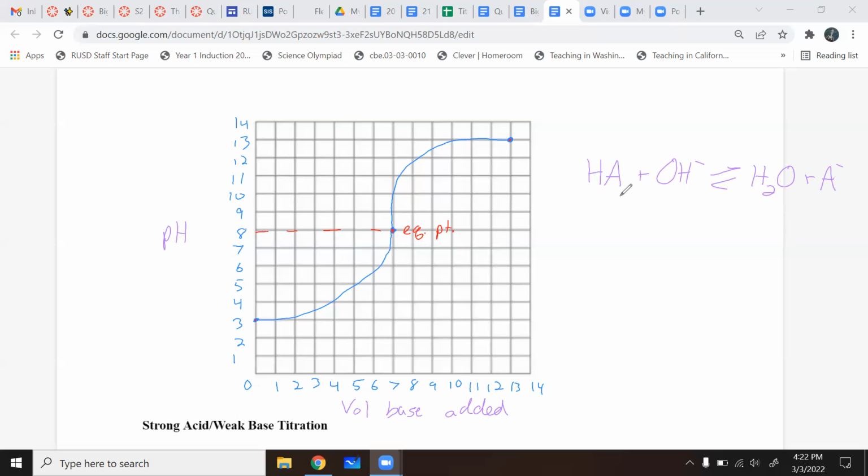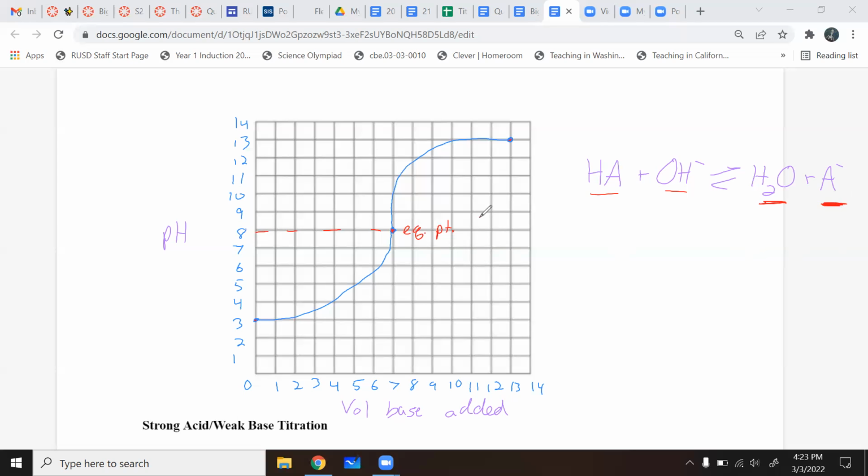When we are titrating our weak acid with our strong base, again, this is a net ionic equation, when our H plus and OH minus are equal, we have water, but also A minus. We have our conjugate base present at equivalence, whereas we were not seeing that with the strong acid and strong base. So this conjugate base present at the equivalence point actually pushes the pH a little bit higher than 7.